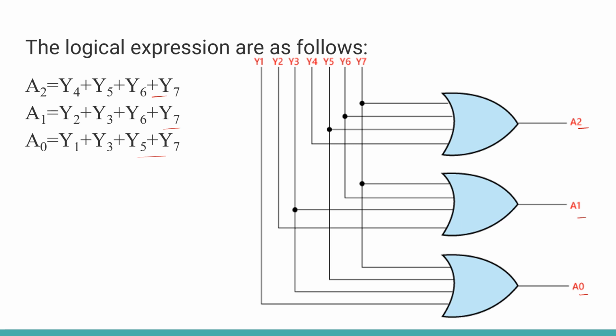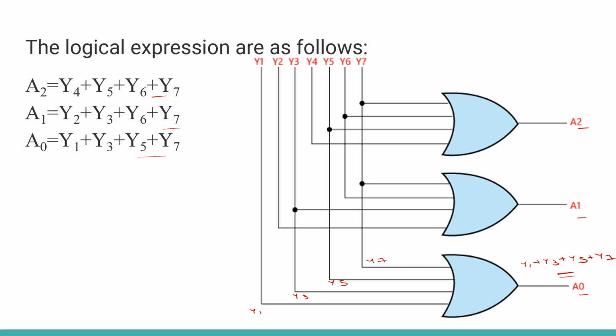Okay, so here these OR gates are 4 input OR gates. Simply A0 is Y1, here Y3, here Y5, here Y7. Finally, Y1 plus Y3 plus Y5 plus Y7. So this is the logical design diagram of the 8:3 encoder.